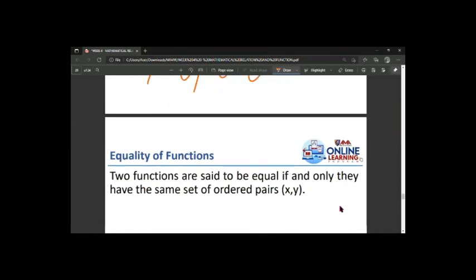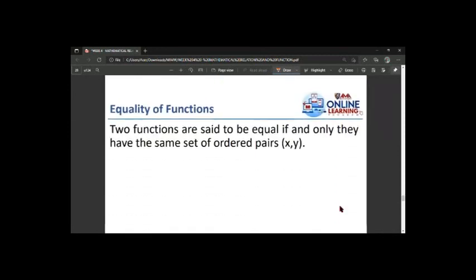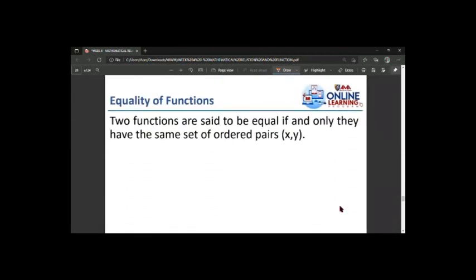Okay? So, equality of functions. Two functions are said to be equal if and only if they have the same ordered pairs. Okay, let's have an example of two functions with different form but they have the same value.